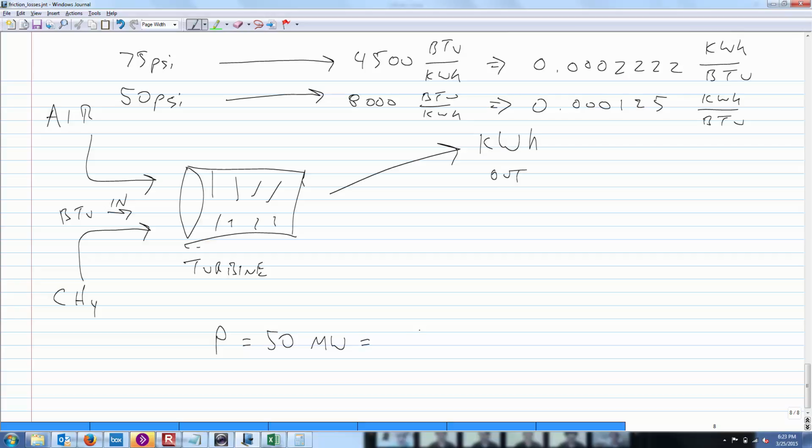Equals, well, here's how we'll do it. 50 megawatt hours per hour, right? Equals 50,000 kilowatt hours per hour.